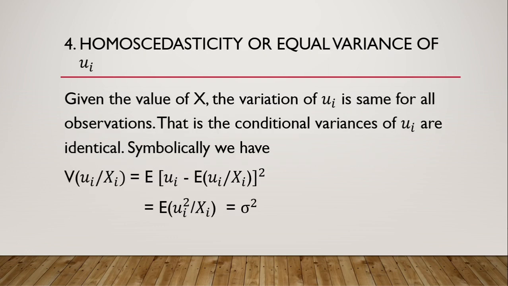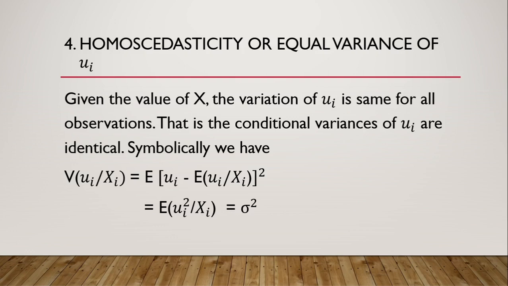The next assumption is the assumption of homoscedasticity or equal variance of ui. Given the value of x, the variation of ui is the same for all observations. It is assumed that for a given value of x, the variation of the stochastic term ui is the same for all observations. This is the assumption of homoscedasticity.